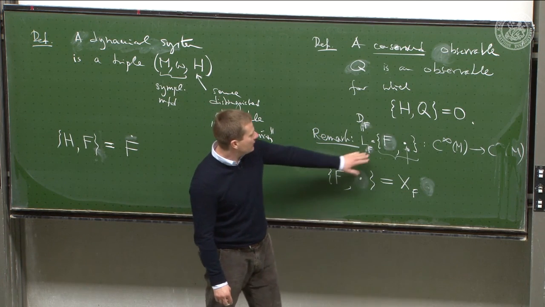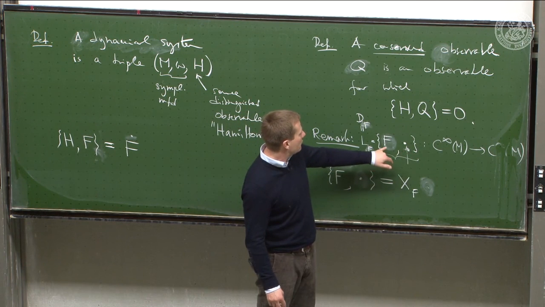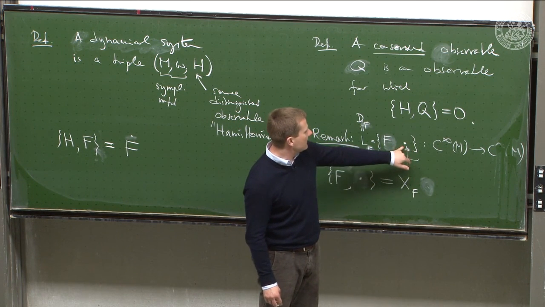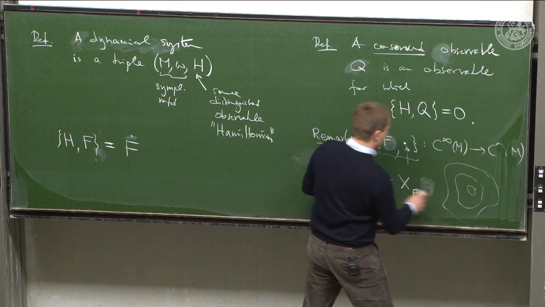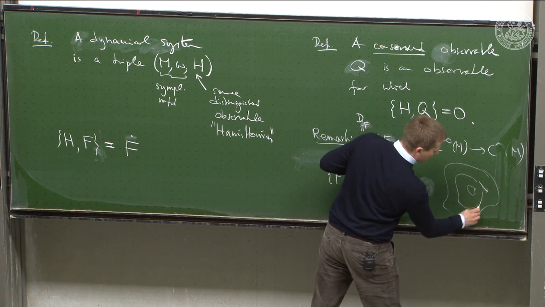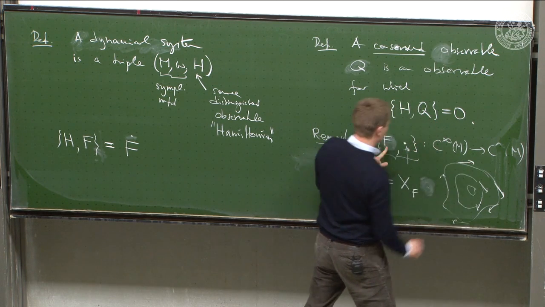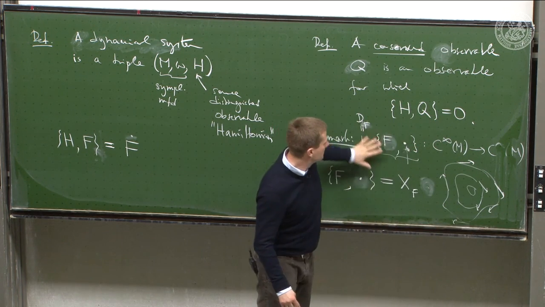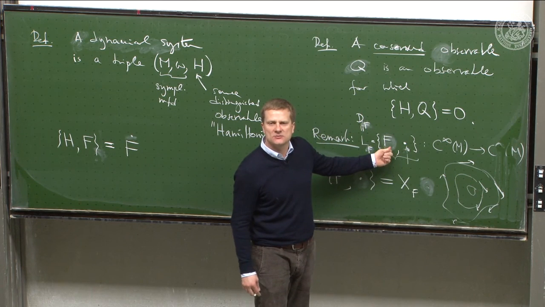So you can understand it algebraically, but from now on you say, oh, Poisson bracket with an open slot here. If these are the level lines of the observable, then this is precisely this vector field here. So this object is a vector field on the symplectic manifold. It's extremely useful to think of it this way.